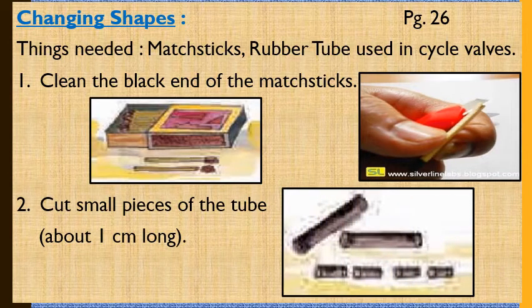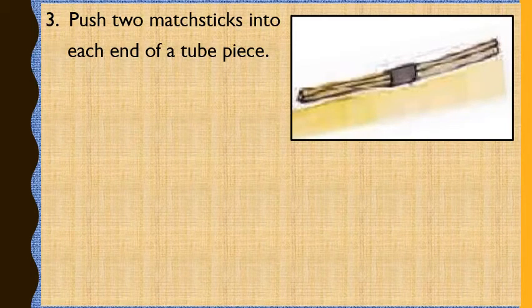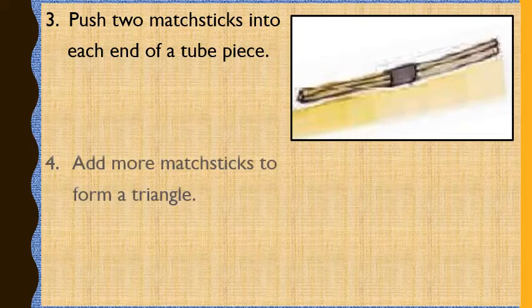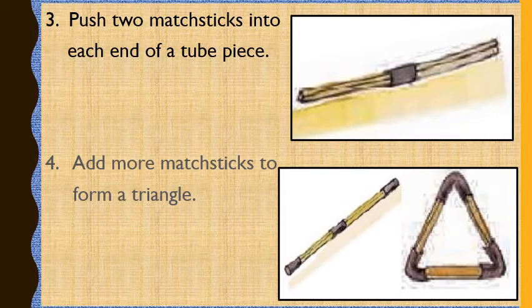Secondly, cut small pieces of the rubber tube about 1 centimeter long as shown in the figure. Now next is push 2 matchsticks into each end of a tube piece. And lastly, add more matchsticks to form a triangle as shown in the figure.